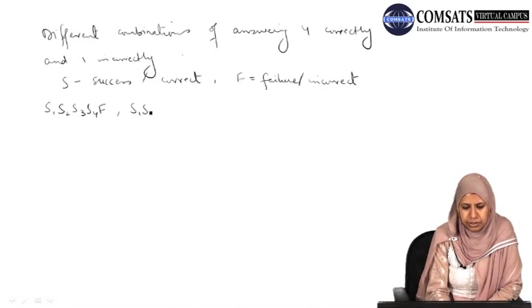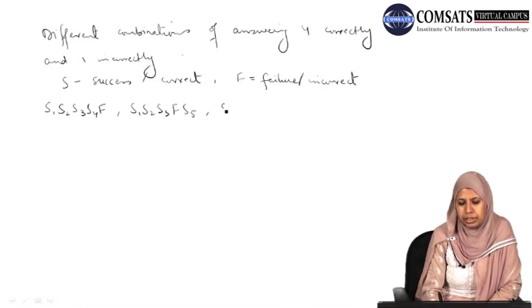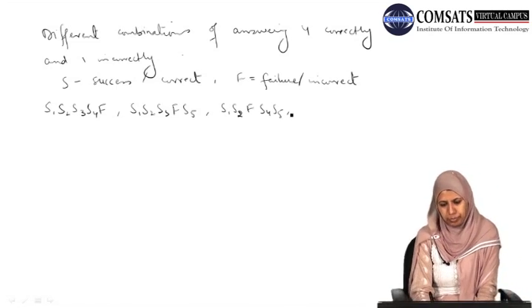Similarly, if he has answered first 3 questions correct, the 4th one incorrect, and the 5th one again correct. Similarly, if he has answered first 2 questions as correct, the middle one incorrect, and the last 2 again as correct.